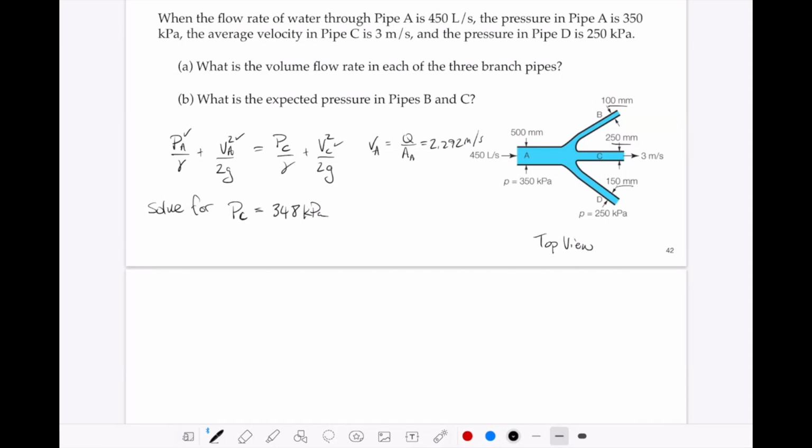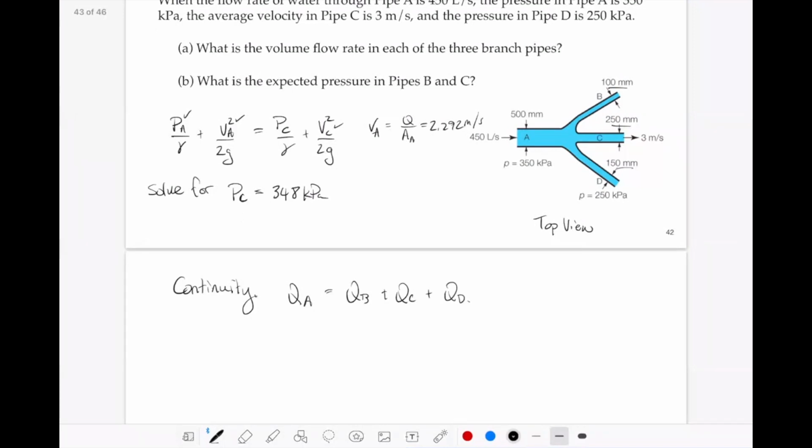Since this little junction isn't accumulating fluid, we must have continuity, which says that QA is equal to QB plus QC plus QD. We know QA was 450 liters per second, so 0.450 meters cubed per second.